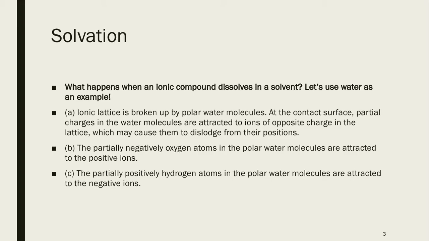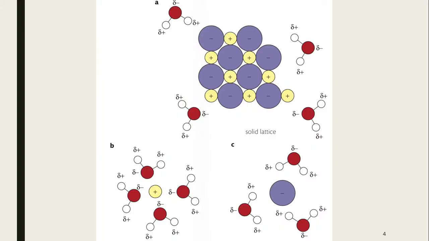This is something we've seen before, but we're just going to review it. If we have our solid lattice with our ionic compound surrounded by water molecules, the partially negative oxygen is going to be attracted to the positive cation, and the partially positive hydrogen atoms are going to be attracted to the negative anion.